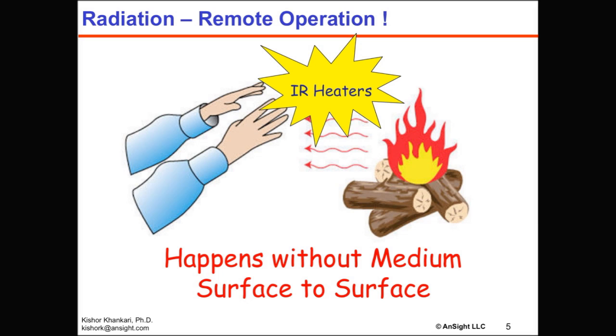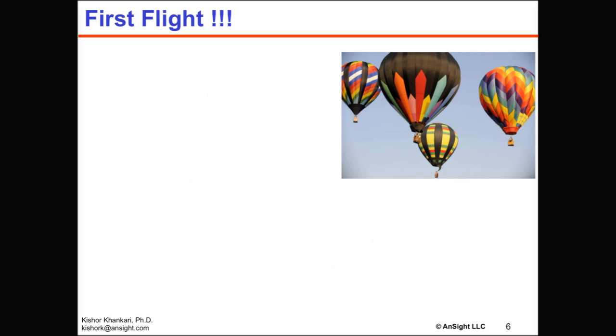So really, it doesn't need a medium. It happens without a medium, between surfaces, from hot surfaces to cold surfaces. And IR heaters work on this principle. Though there is some convection component that you can't avoid, it's mostly based on radiant heating.